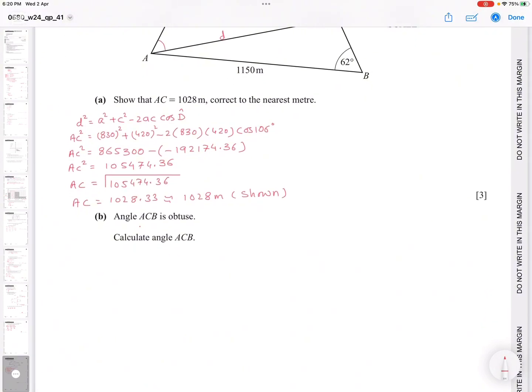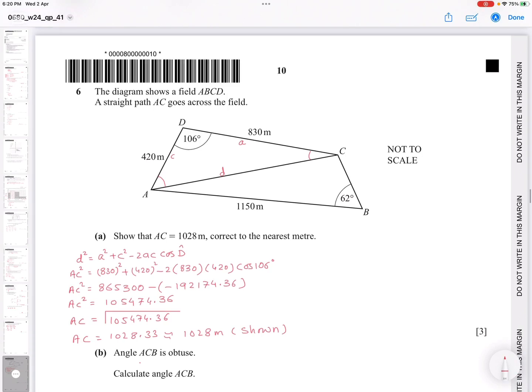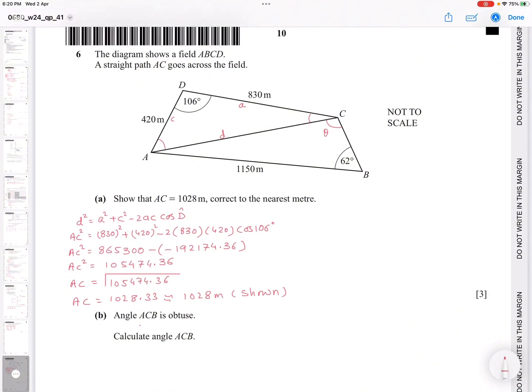In part B, angle ACB is obtuse. Calculate angle ACB. This is our angle to be calculated, so you can write theta here. We have already found the length AC, which was 1028 meters.